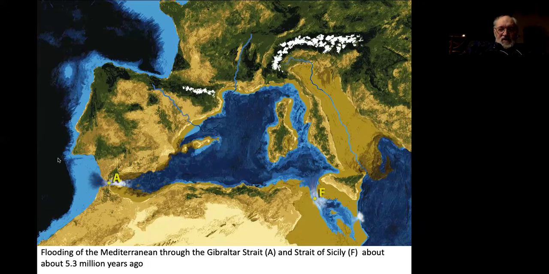But also in the time period when this happened, called the Miocene, the sea level rose and it spilled over the low divide that connected Africa and Spain. It eroded a massive flood channel that is now the Strait of Gibraltar.